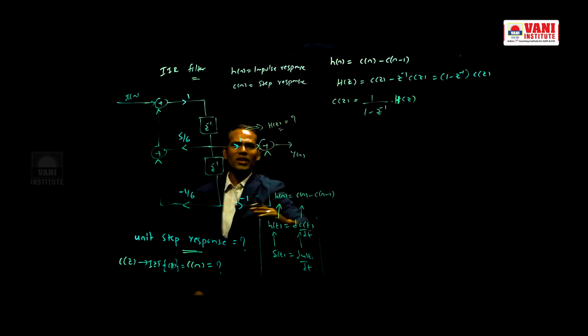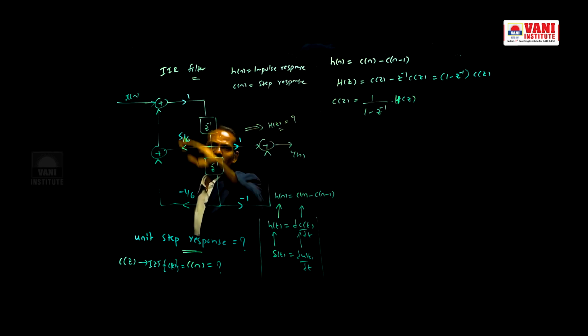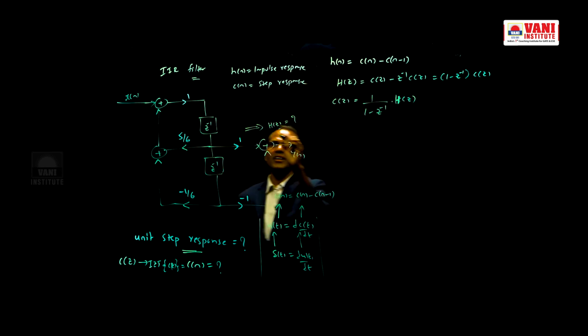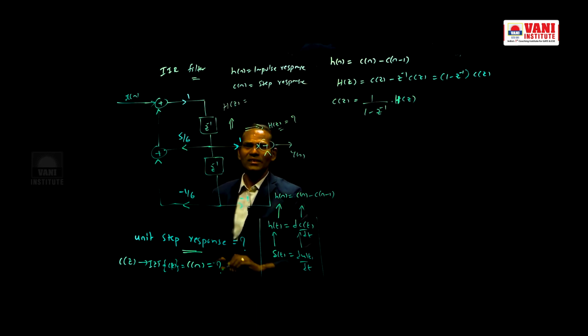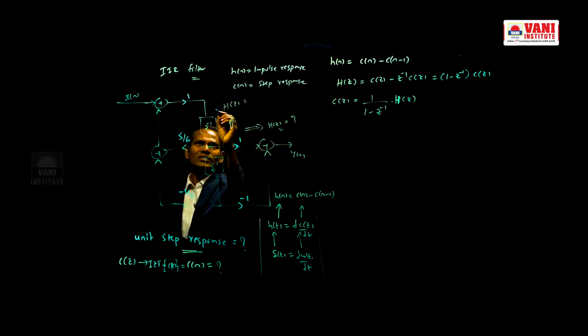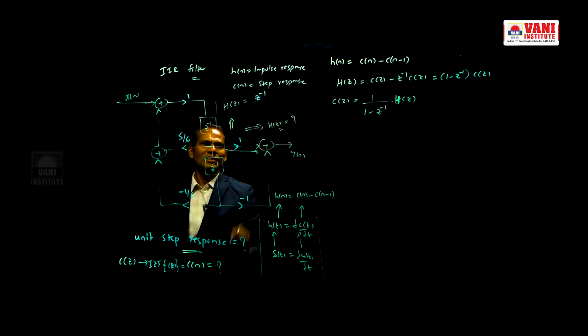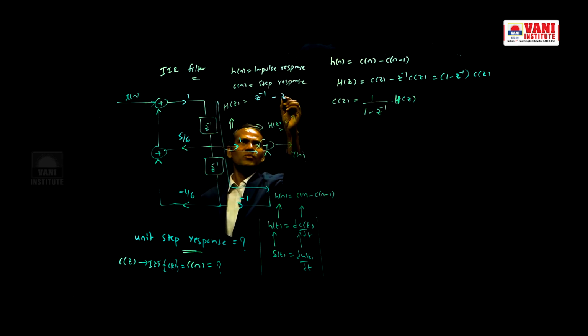This side is the numerator, this is the denominator. For the numerator, one path is in this manner, so 1 into z inverse, and another path is z power minus 2 into minus 1, so minus z power minus 2.